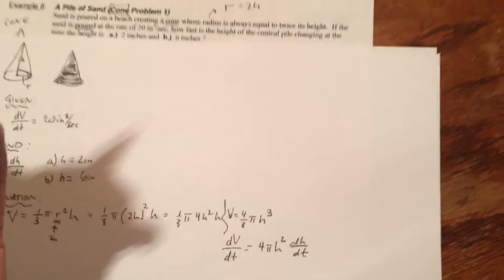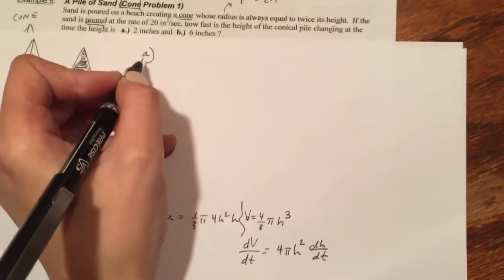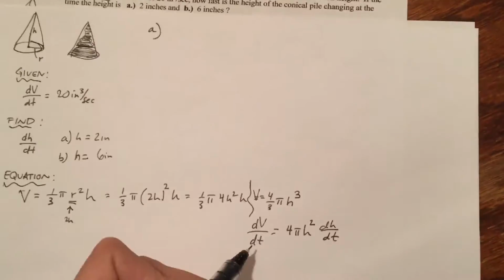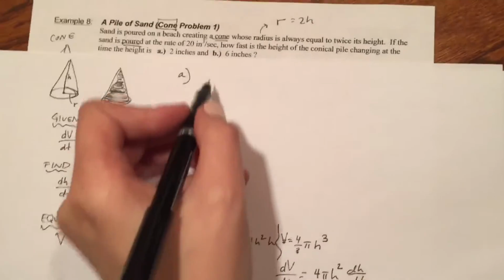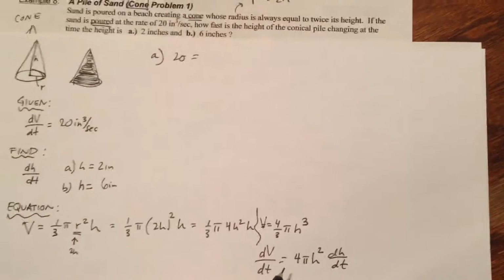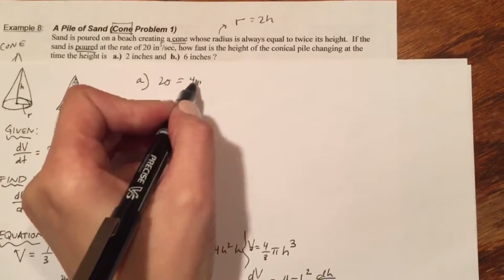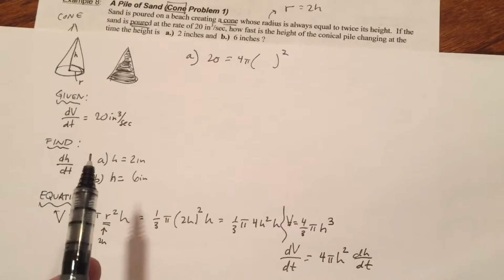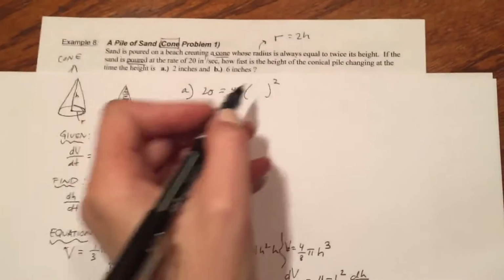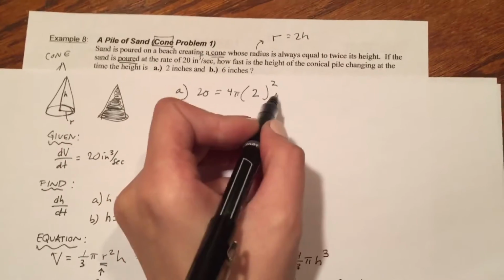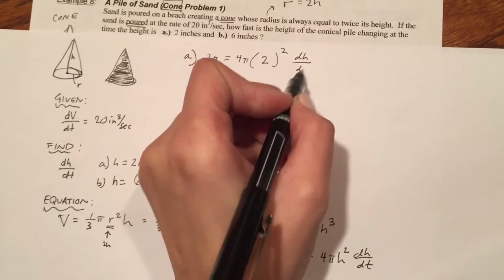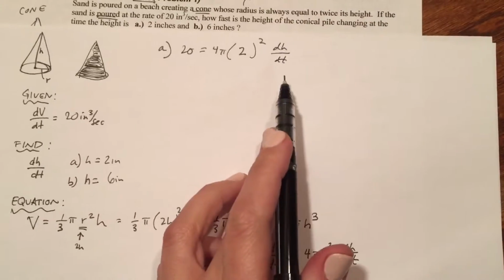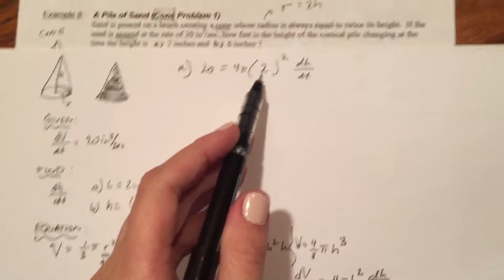For part A, the dV/dt they gave us is 20 equals 4 pi times h squared, and h in part A is 2, times dh/dt. That's what I'm looking for.